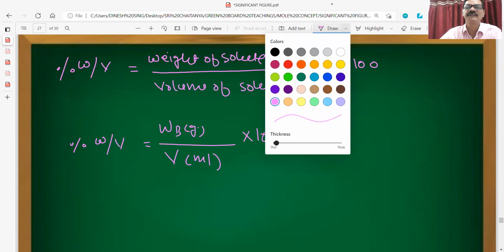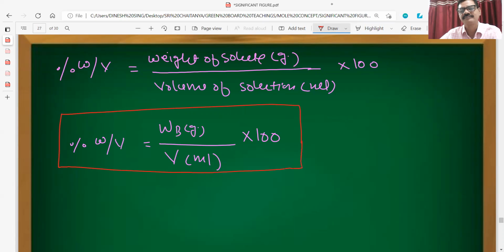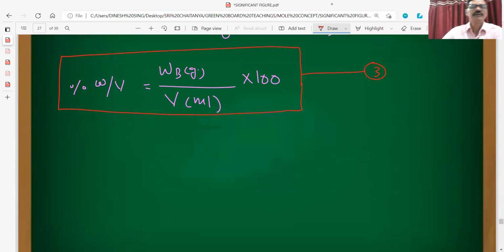So now this is our formula to calculate the third formula, the weight by volume percent.